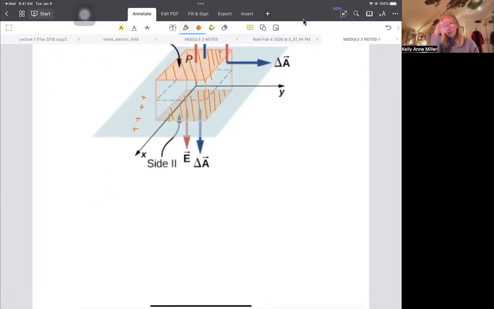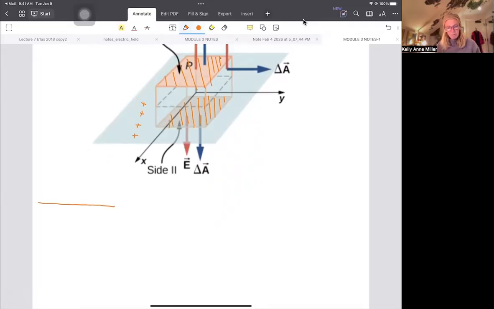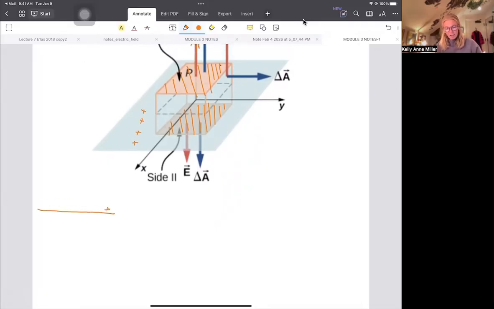If we look at it from the edge, you've got charges all along this plane. The electric field lines would look like this, and then I would draw my Gaussian surface like this. That would be my pillbox.